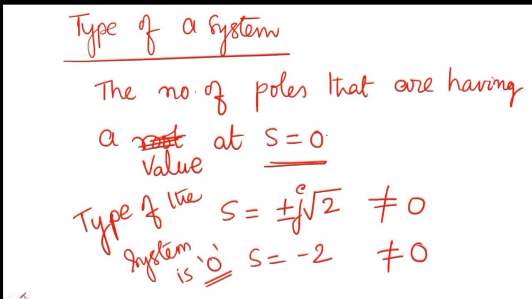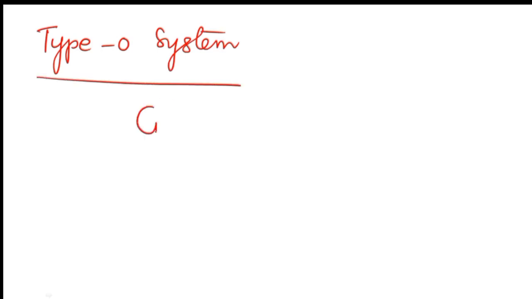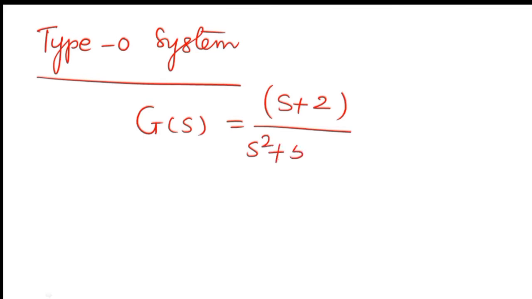I hope you understood. I will give you an example for a type 0 system. Type 0 system transfer function will be like this. This is a type 0 system.